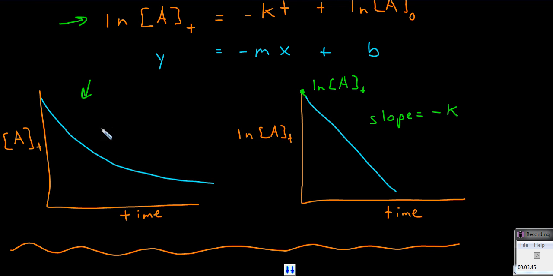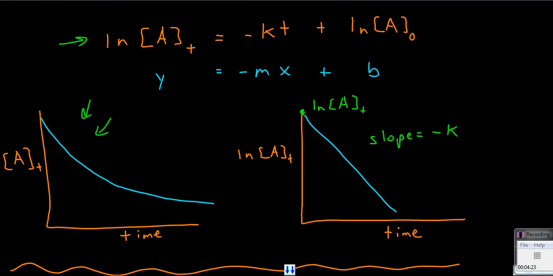Now, for first-order reactions, we have a changing slope for At versus time, but we have a constant slope for the natural log of the concentration of our reactant versus time. This is because this equation is actually in a linear form.